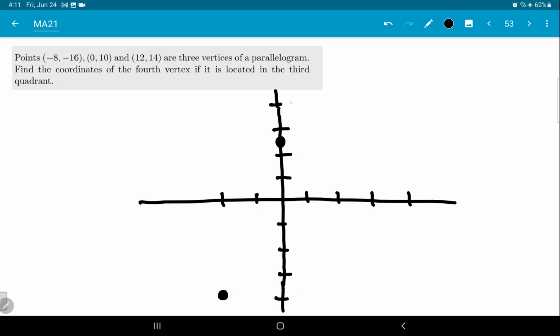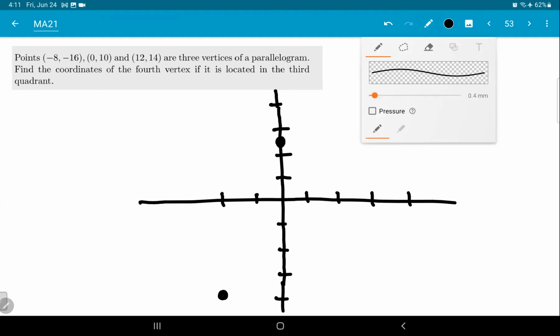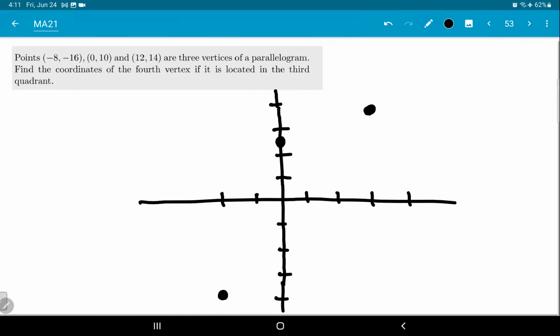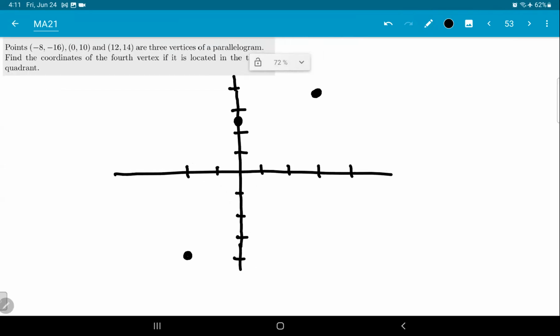So 12, 4, 8, 12, and then 14. 4, 8. Are you listening? Are you here, class? So -8, -16, 0, 10, 12, 14.